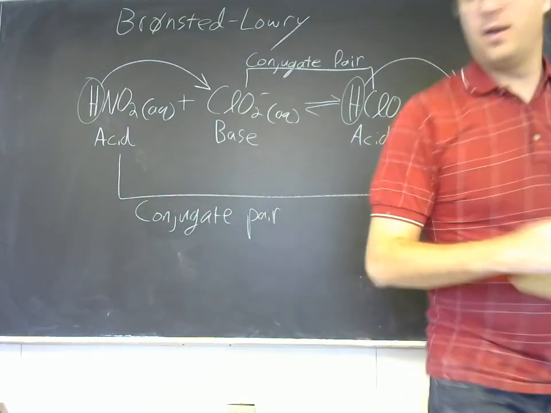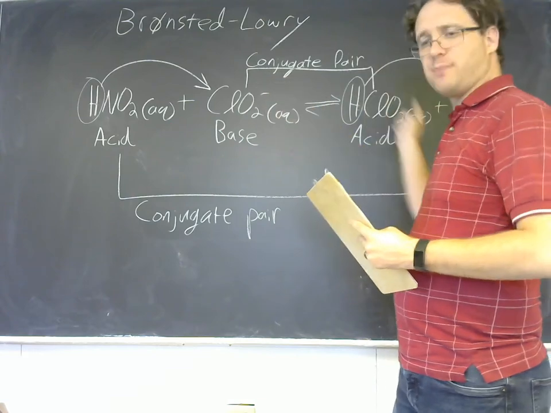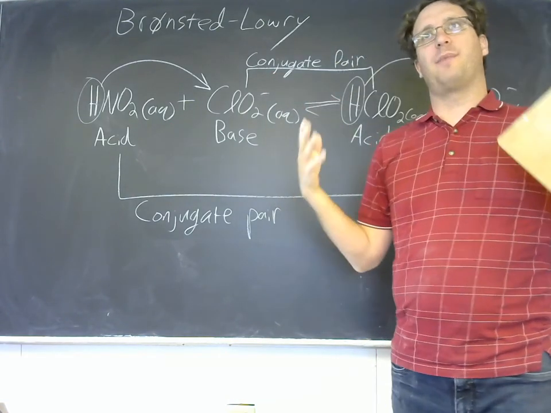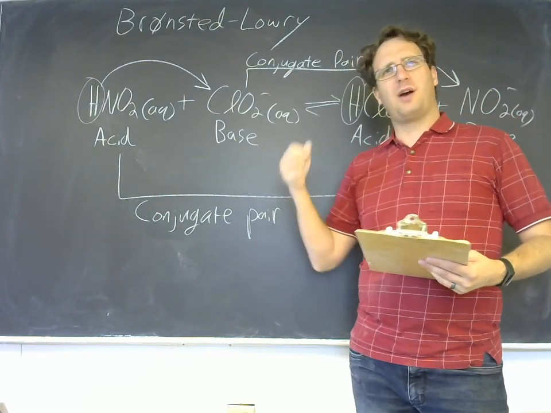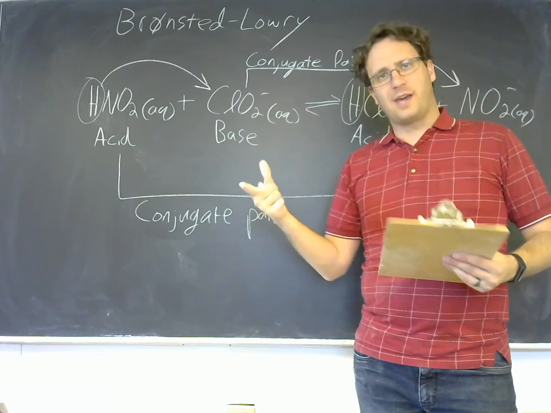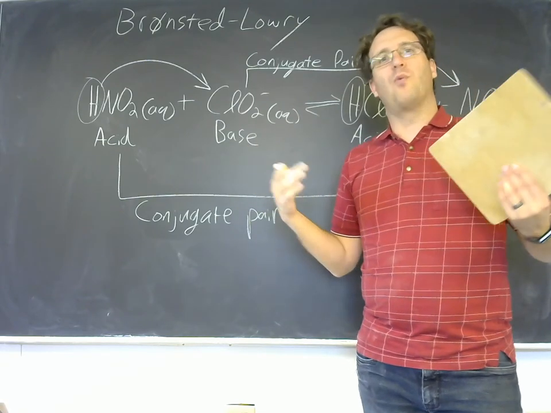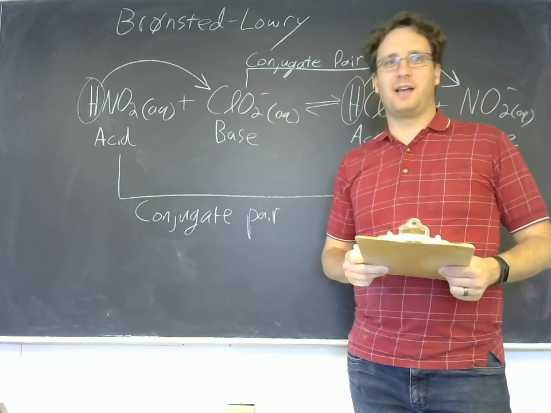Now, one of the things about conjugate pairs is that they share a certain amount of strength between the two of them. We've talked about strong acids and weak acids, strong acids and weak bases. Well, not all weak acids are going to have the exact same acid strength.